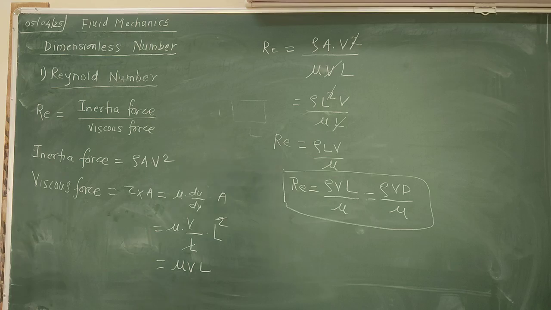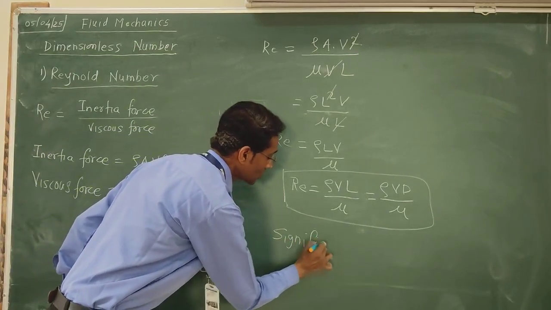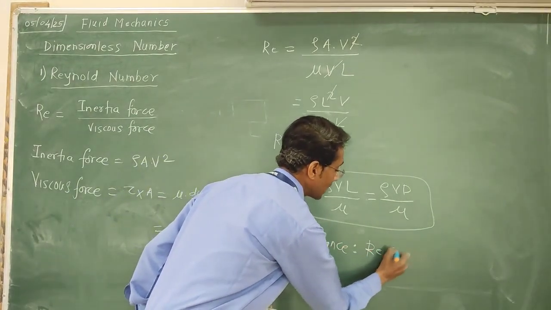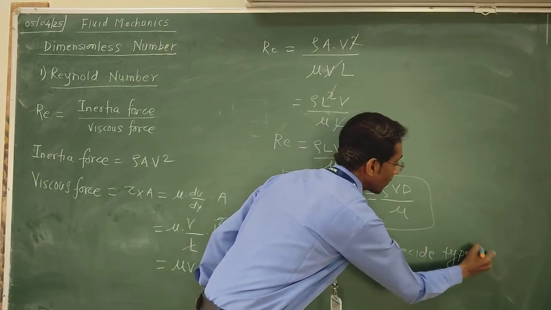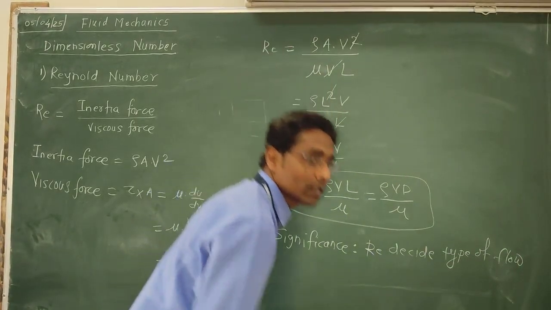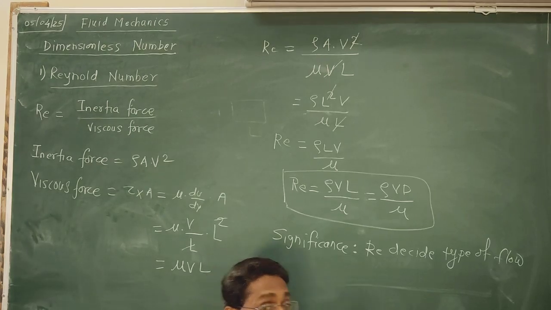Now its importance. Every number has some importance, importance meaning where these are used. The Reynolds number is used to decide the flow. Its significance, meaning importance: the Reynolds number decides the type of flow. We have seen in the practical that when the Reynolds number is less than 2000, we say the flow is laminar.